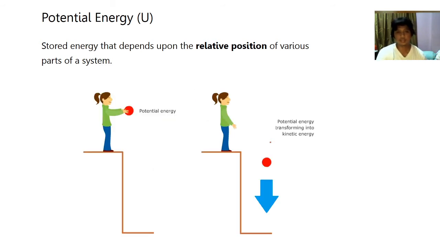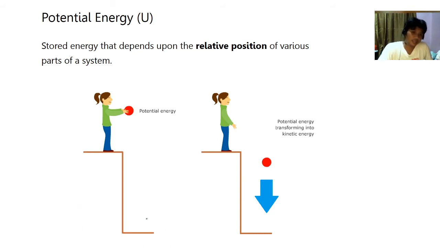Relative position for the ball is that one is higher than the other. And in this example, the system is composed of the ball and the earth. So we're actually comparing the left picture, the ball is much farther from the earth. Not much farther actually, a little bit farther when you think about the fact that the earth is so big.